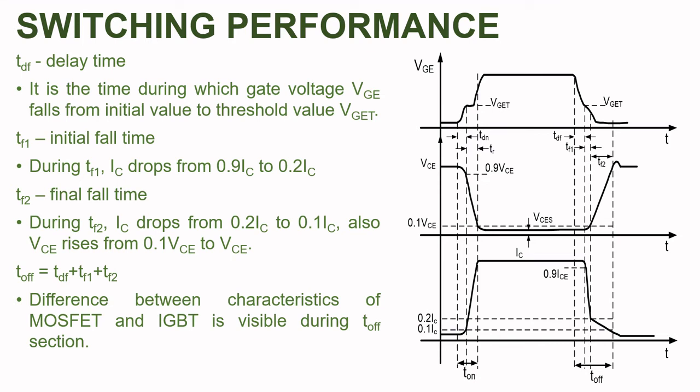During the fall time 1 or initial fall time, the collector current drops from 90% of its initial on-state current to 20% of the on-state current. This drop is a bigger drop.